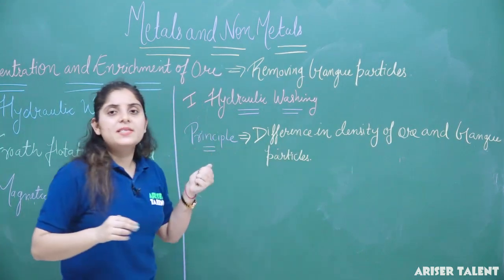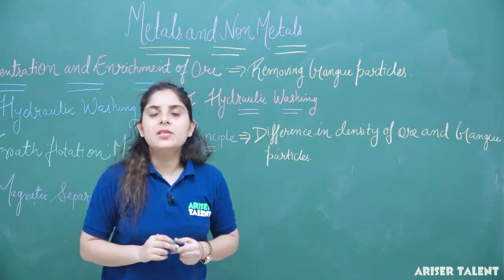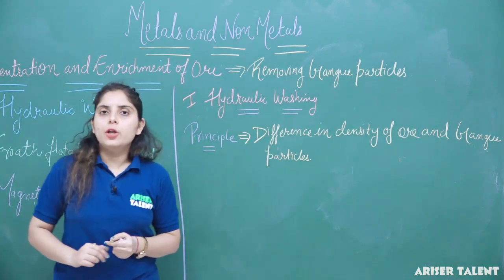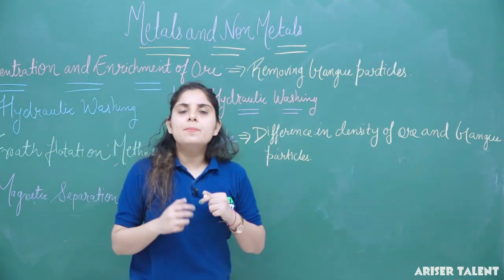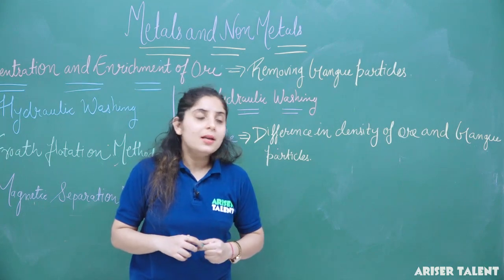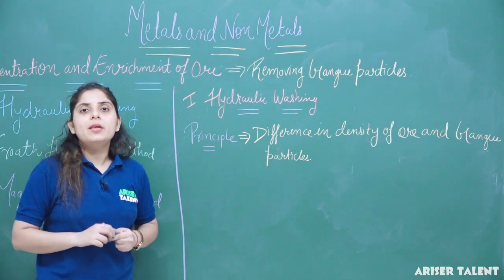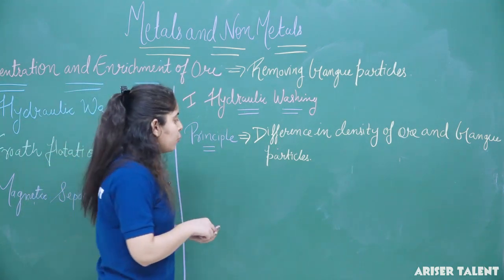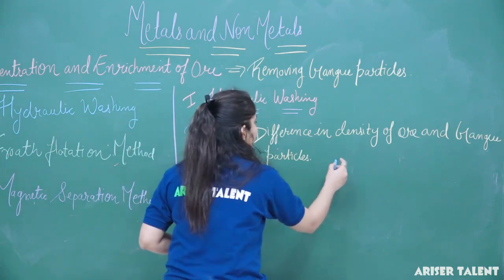And this method is basically used for heavy metals, because heavy metals can be removed by the hydraulic washing method. Now we will see the simplest diagram of the hydraulic washing method, and these three methods are very important from the board exam point of view. So what is the process involved in the hydraulic washing method?